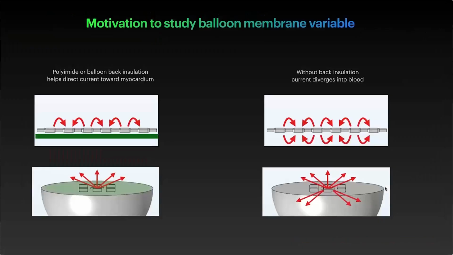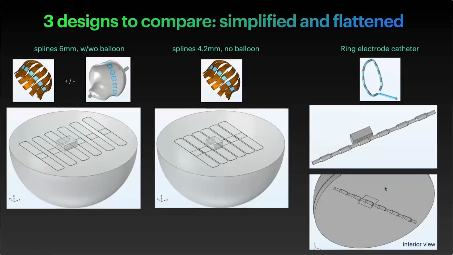Now, the motivation to study the balloon membrane as a variable is that it prevents current from flowing backwards, and so it should improve efficiency. So again, here are the 3 designs to compare in their simplified implementations.